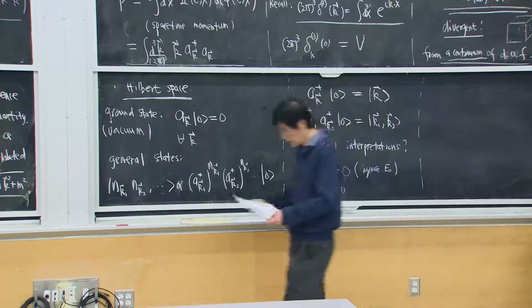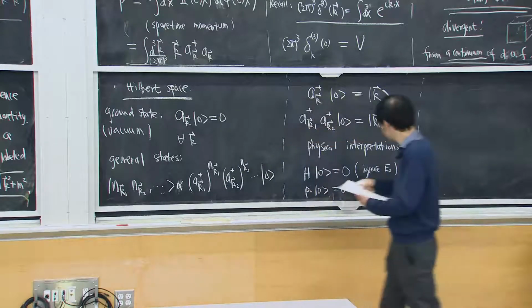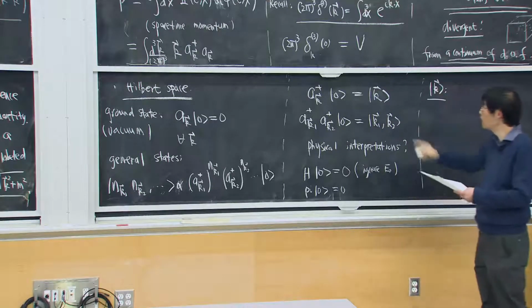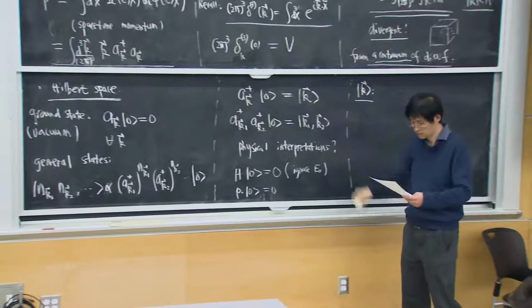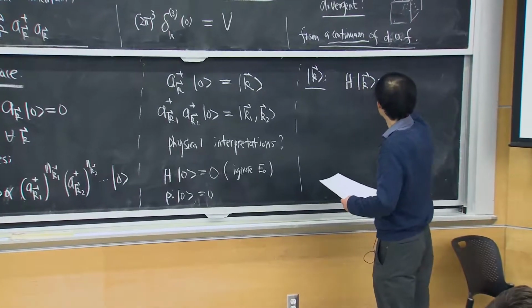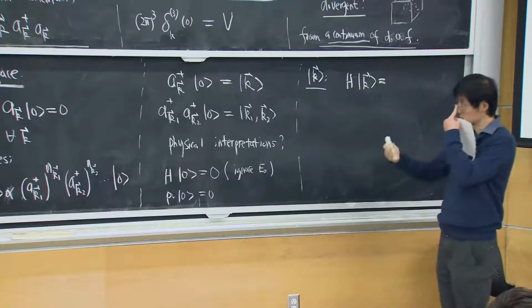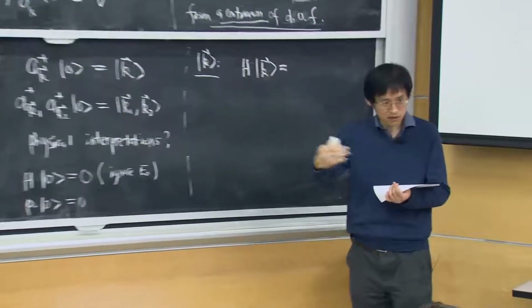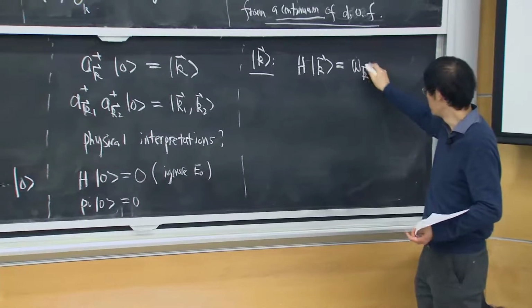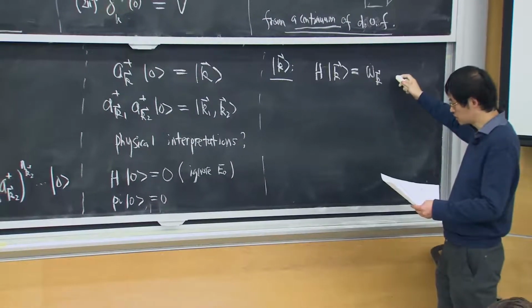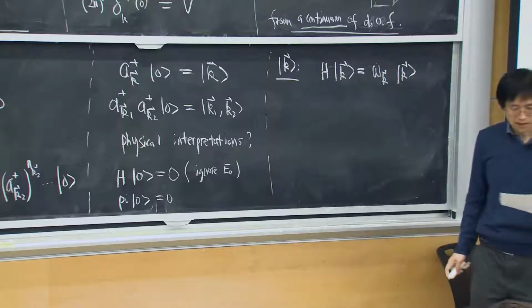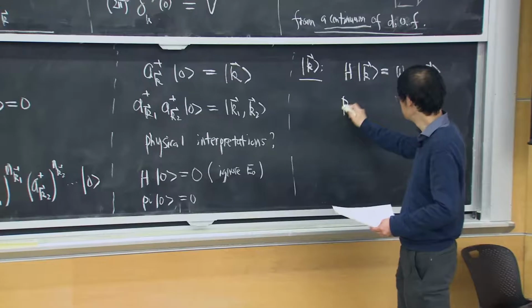And now let's look at the excited states. So now look at this state. H acting on k. This answer is obvious because all the different oscillators are independent of each other, and this just gives you omega_k. We can just use our result for the harmonic oscillator. And now you can look at the momentum.